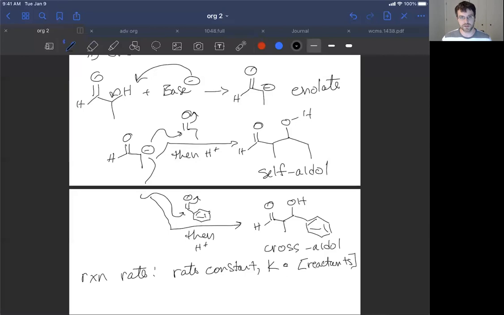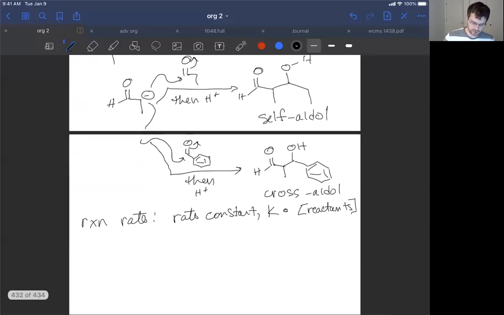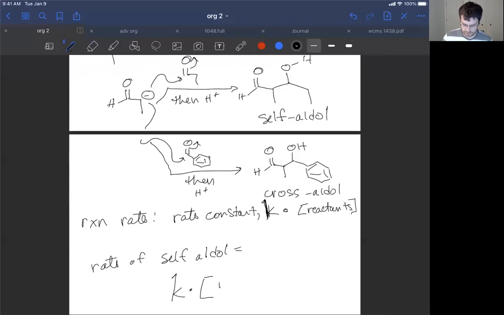So let's focus on both of these processes. What's involved? So the rate of the self-aldol is equal to, I'm going to draw my rate constant k like this, put a little hat on it to tell me that it's like lowercase or something. It's my style, whatever. So we're going to take that, that's just some number, times the concentration of the reactant. So here we have this reactant times itself, because we have two of these in the rate determining step.